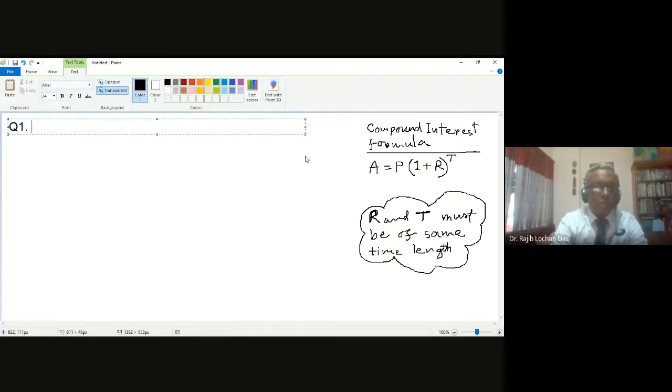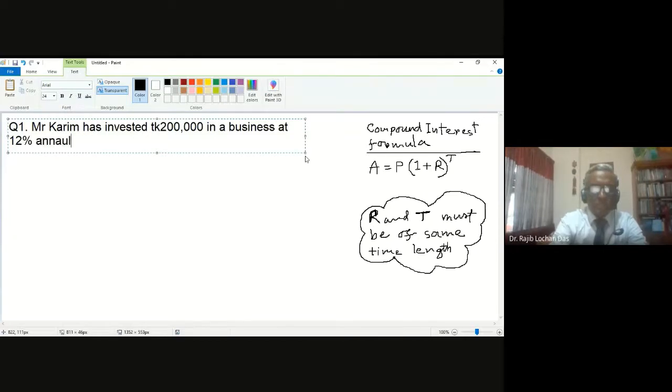So question number 1. Say Mr. Karim has invested taka, say 2 lakh, in a business at say 12% annual interest, for 5 years.